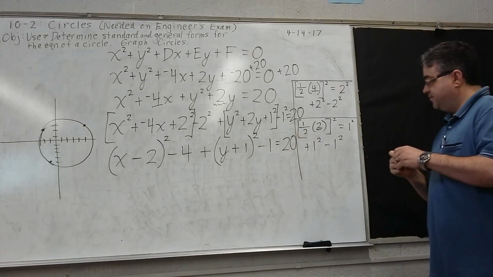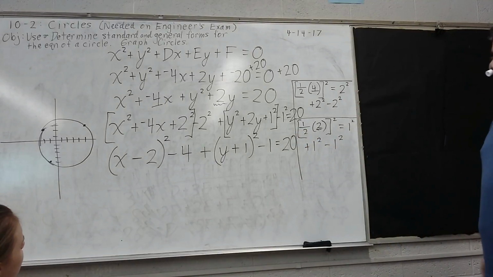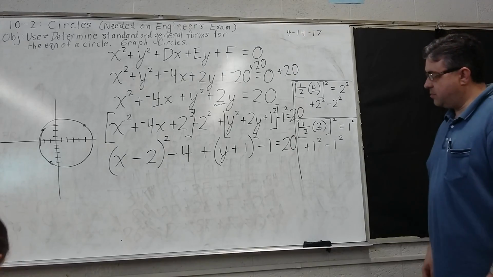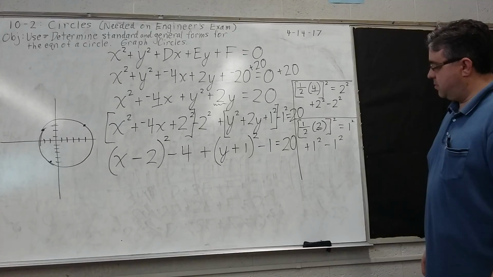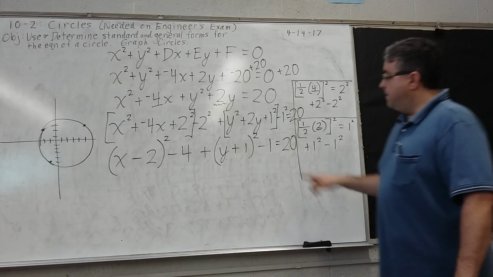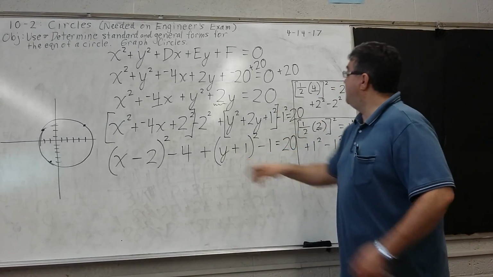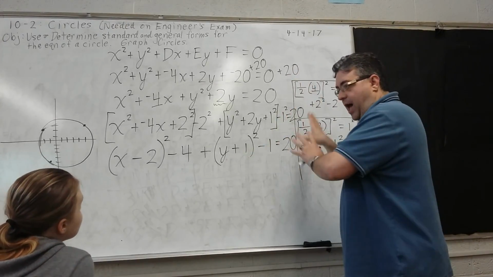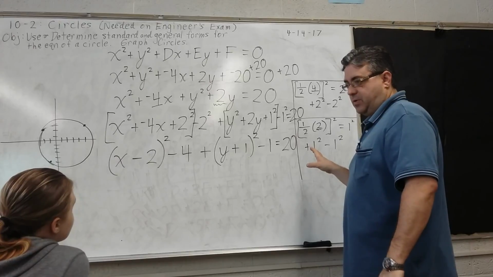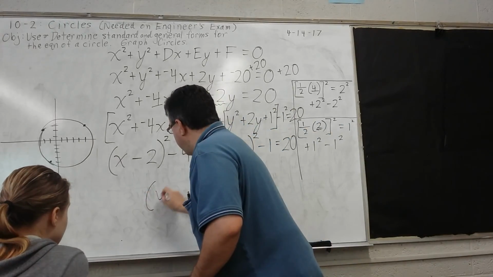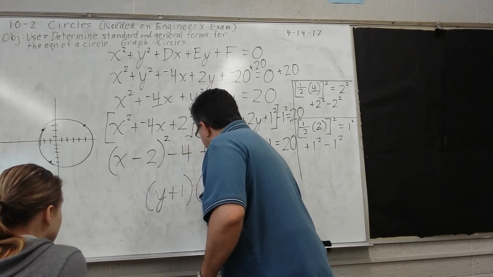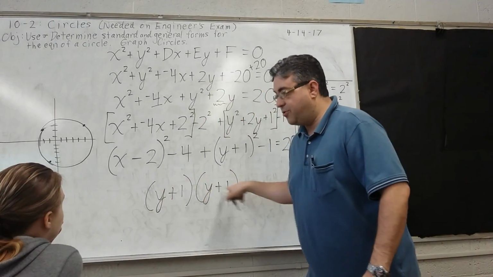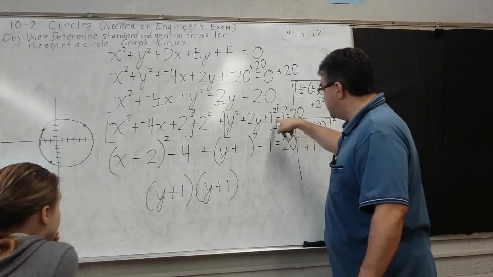Wait, why isn't the second 2 part of the square when the second 1 is part of the square? Okay, because if you do y plus 1 times y plus 1 again, which is what y plus 1 squared is, and you went through the process of getting an answer, this would be the answer.